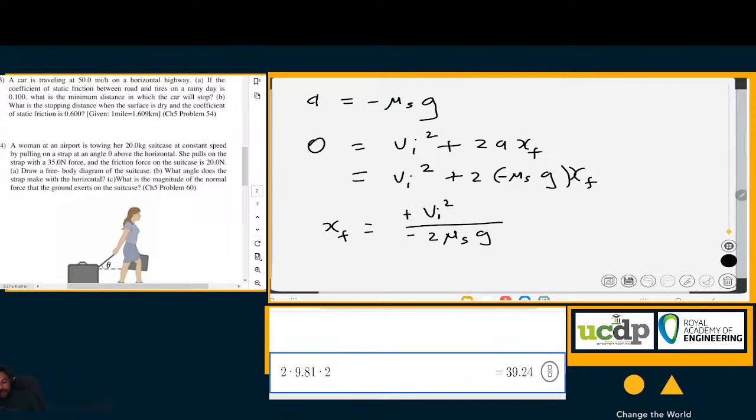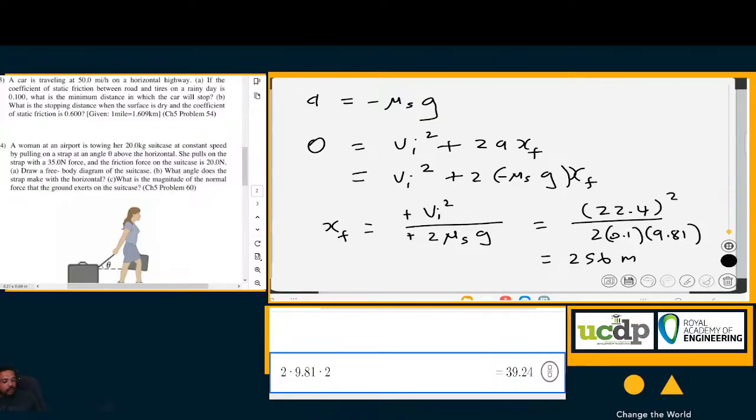Negatives become positives, and this is what we get. If we plug in all our values, we have v initial is 22.4 squared over 2 times, what was the static friction? 0.1 multiplied by 9.81. We have that the stopping distance is 256 meters on a rainy day.